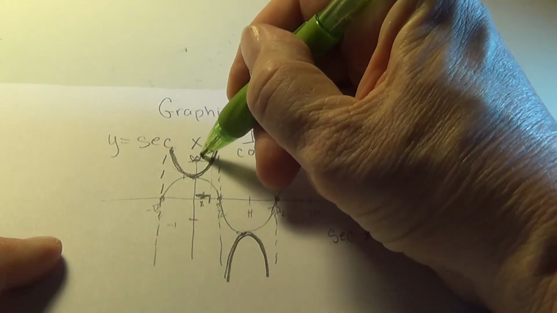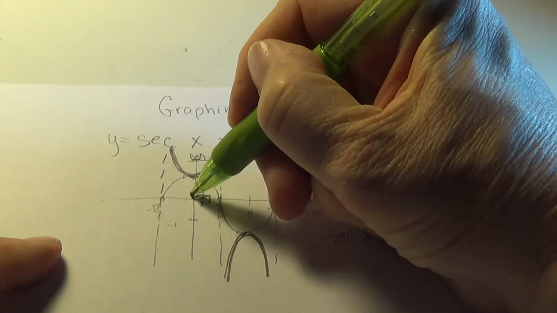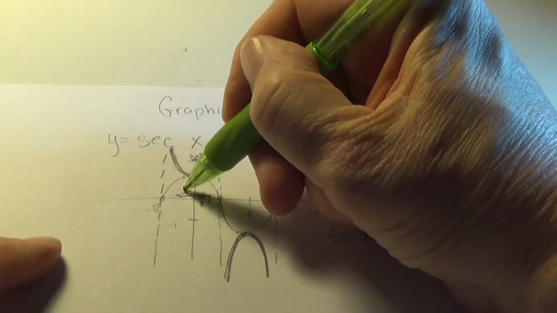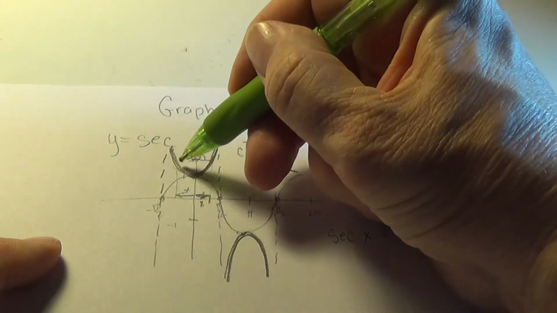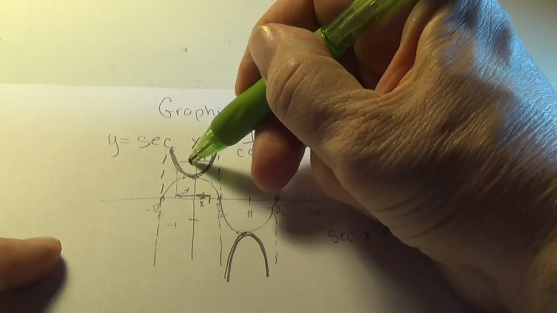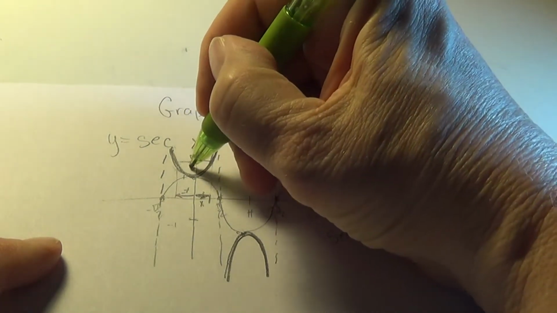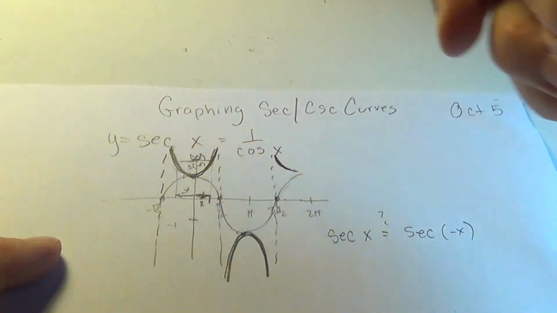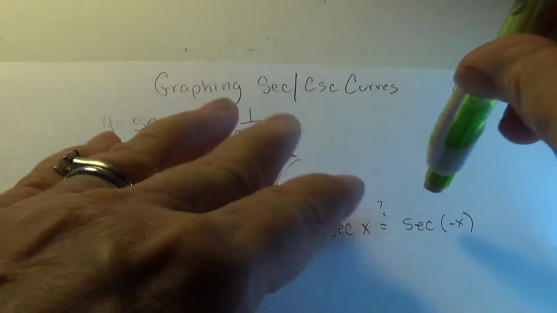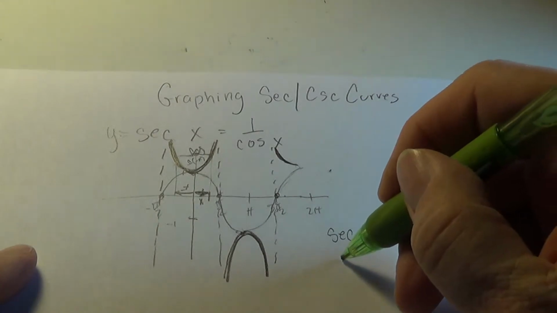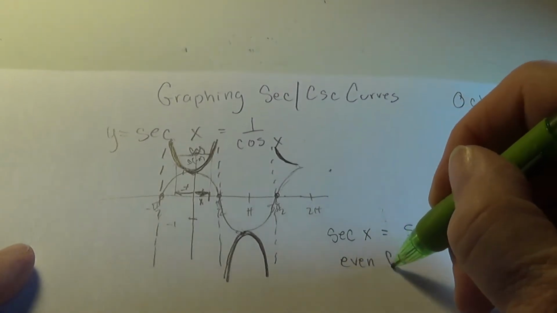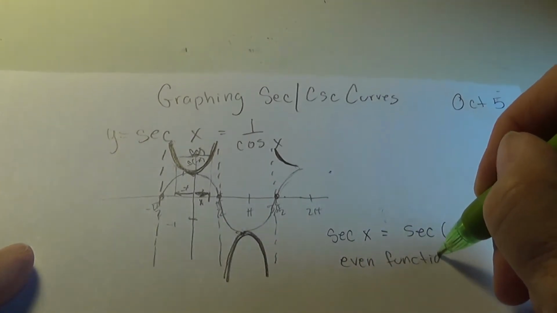So f of x is that number. If I go out an equal distance in the negative direction, negative x, f of negative x, I go up here and hit the same spot. So this is also f of negative x. So it turns out that they're both equal, no question about it, and that means this is an even function. So that is our next trig identity.